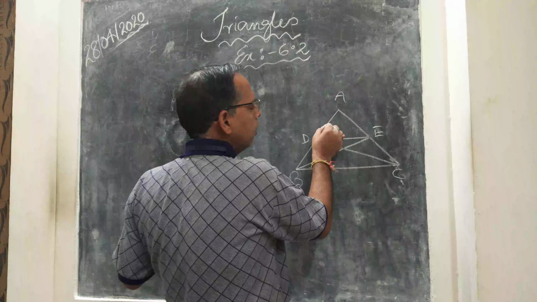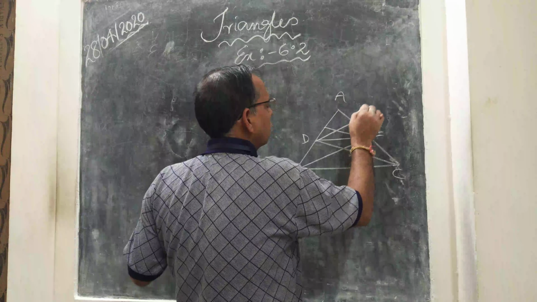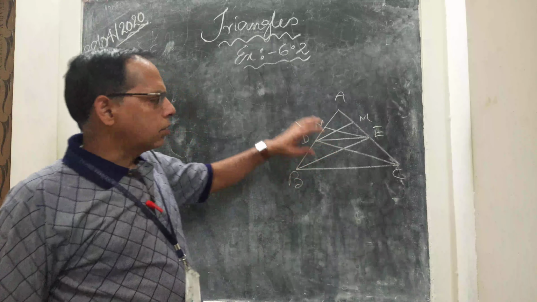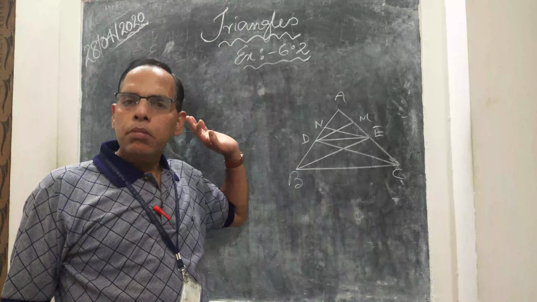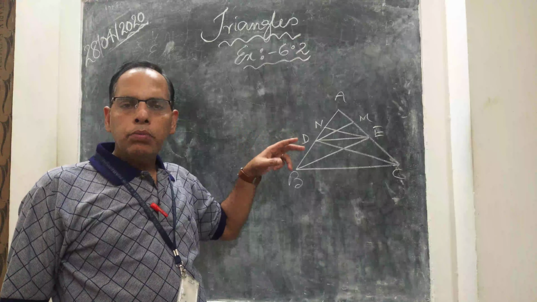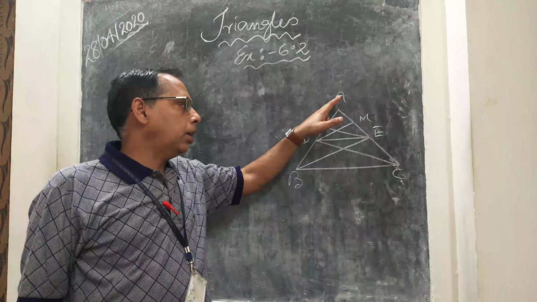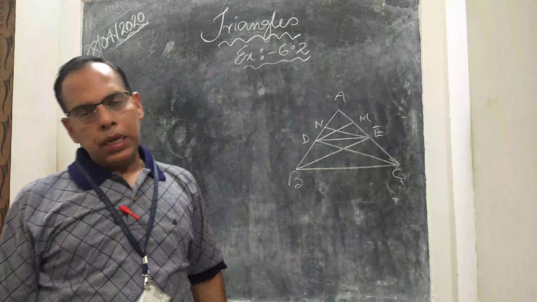Now here you see, first of all ADE or AED, it is the same, but both times we have taken it a different way. One time we have taken ADE, another time AED. Why is it taken differently?